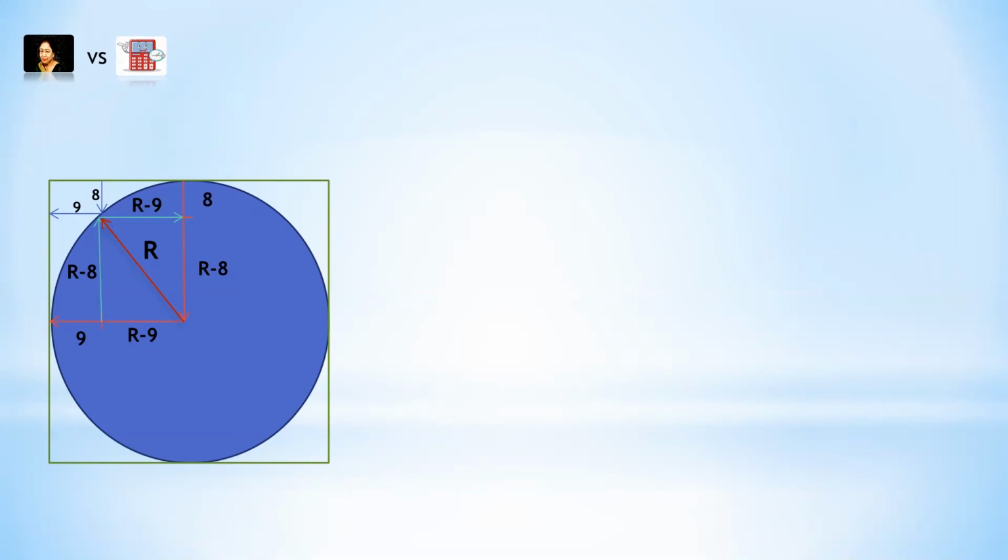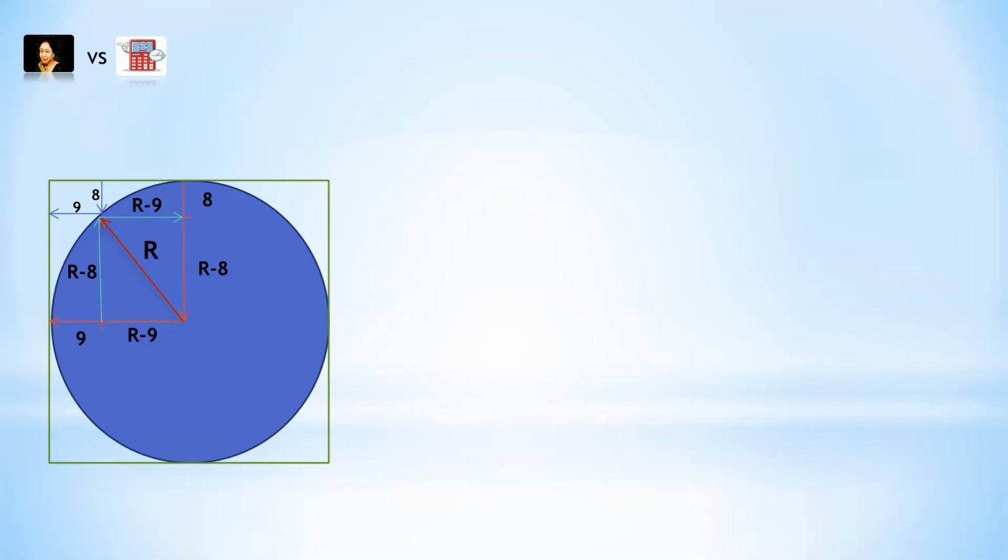We can put a rectangle with r minus 8 and r minus 9 as its sides, and here r is the diagonal of the rectangle.